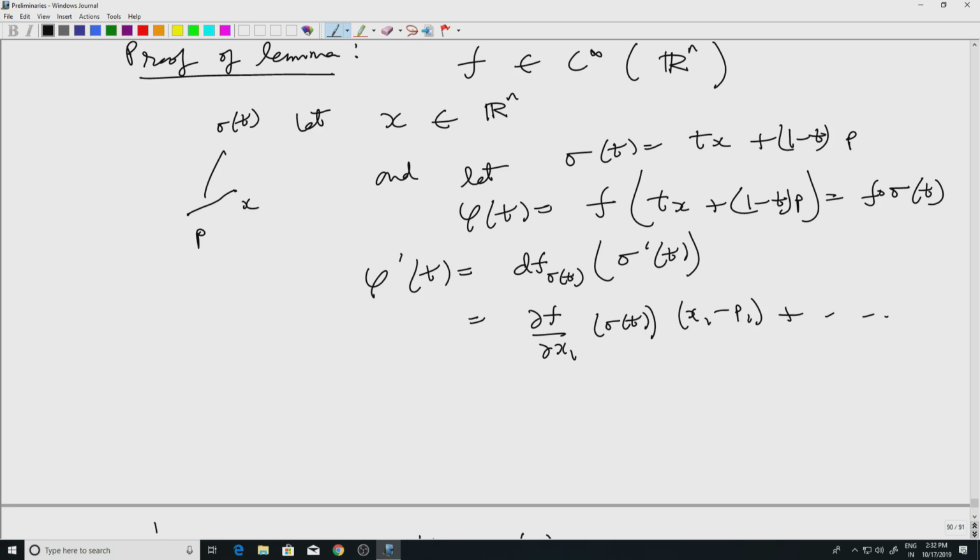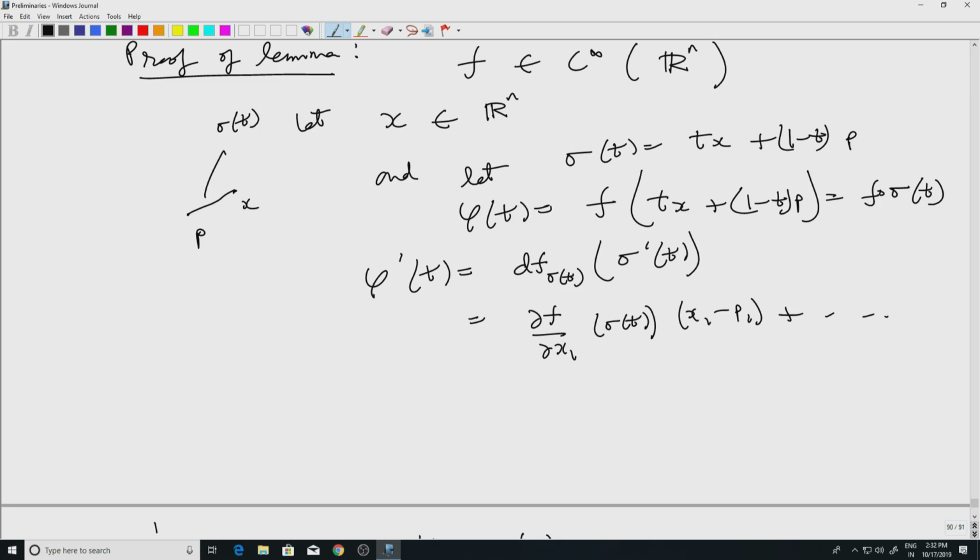So when t is 0, I start at p. When t is 1, I end at x. Sigma t is a map from the real line to Rn.